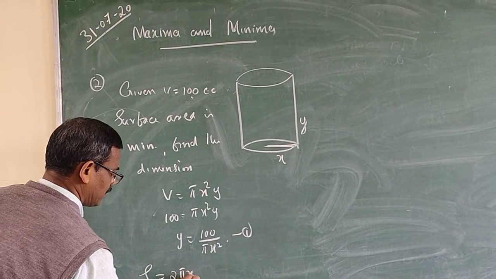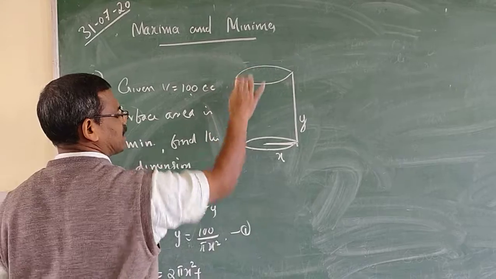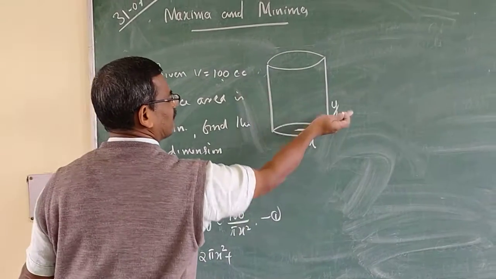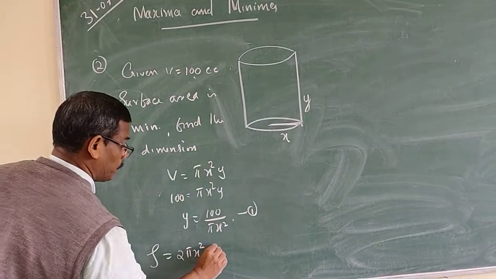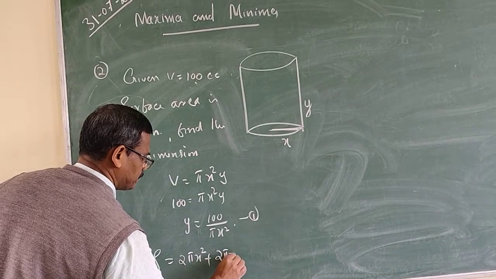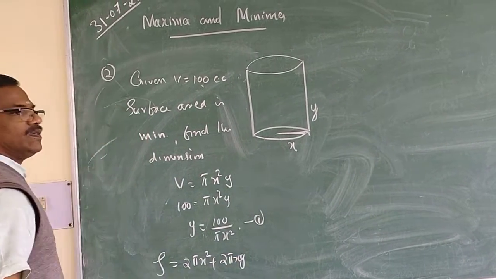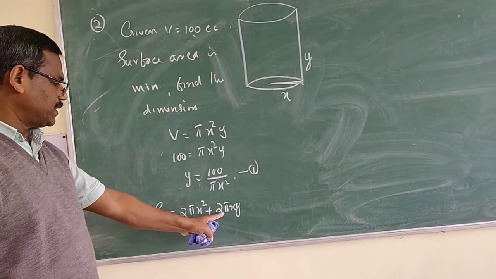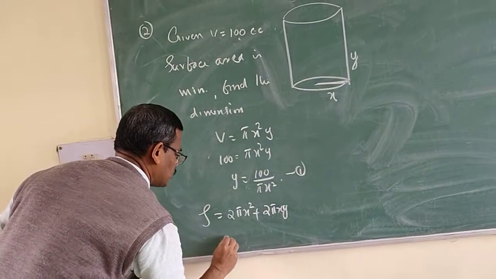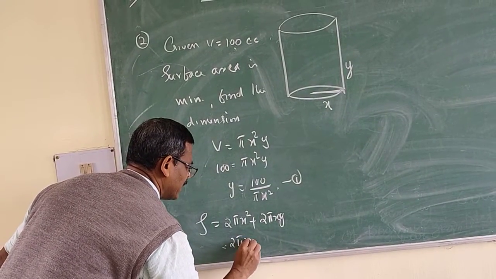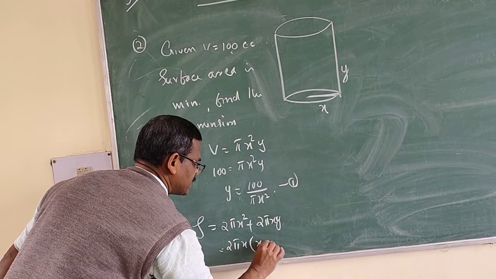2 pi x square is the two base circles, and then the curved surface area of the cylinder, 2 pi r h, that is 2 pi xy. Okay, so 2 pi x square plus 2 pi xy. I can take 2 pi x as common outside, say x plus y.